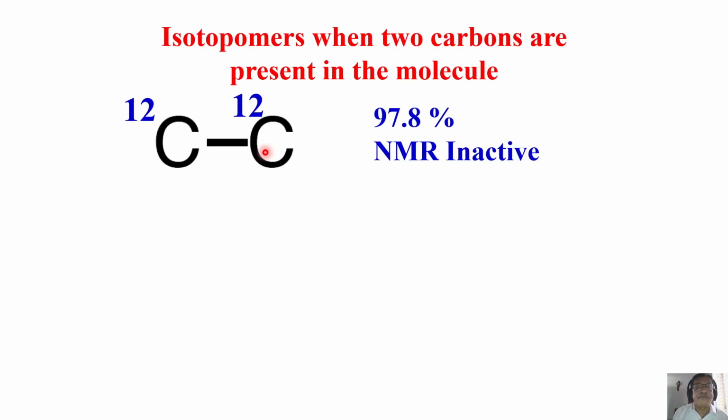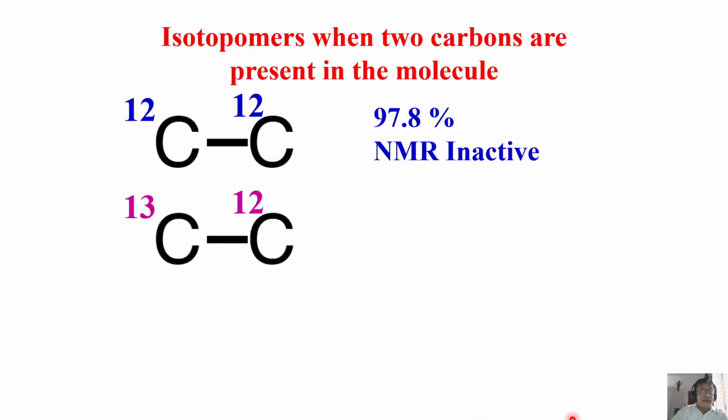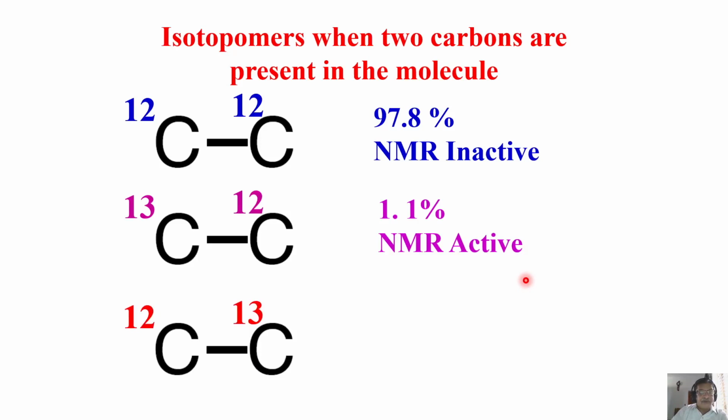It is NMR inactive. On the other hand, think of this possibility. This is carbon 13. This is carbon 12. It is quite likely. What is the abundance of this carbon? Only 1%. And this is 99%. So this is NMR active. What is the other isotopomer we can think of? This one. This is carbon 12. This is carbon 13. That's also possible.